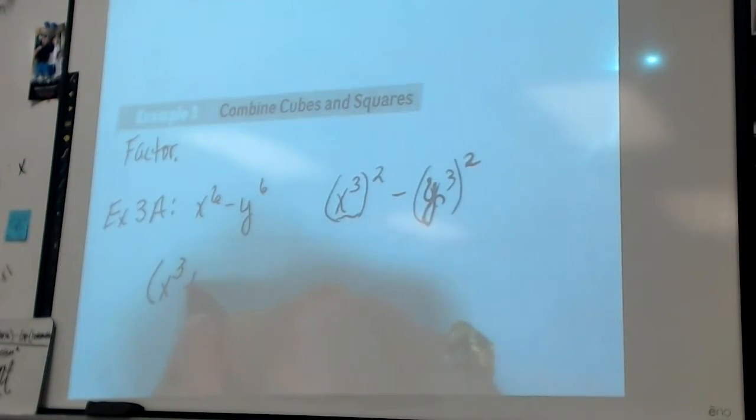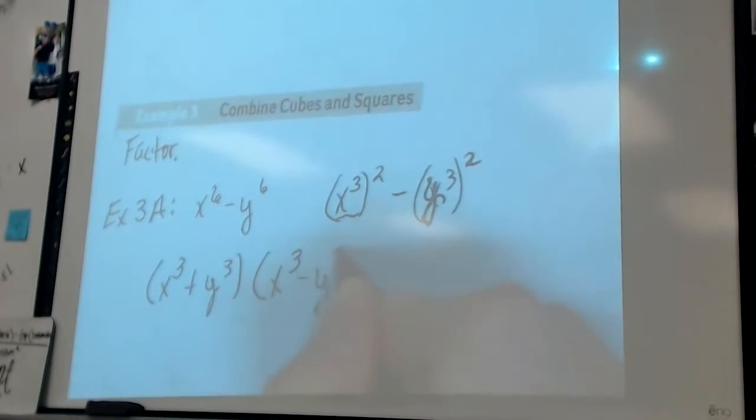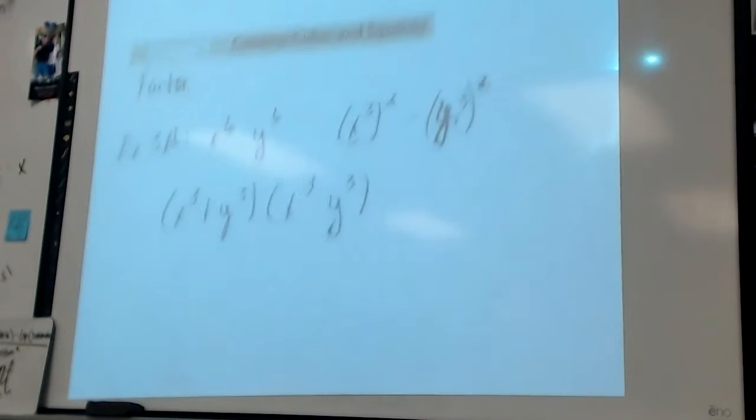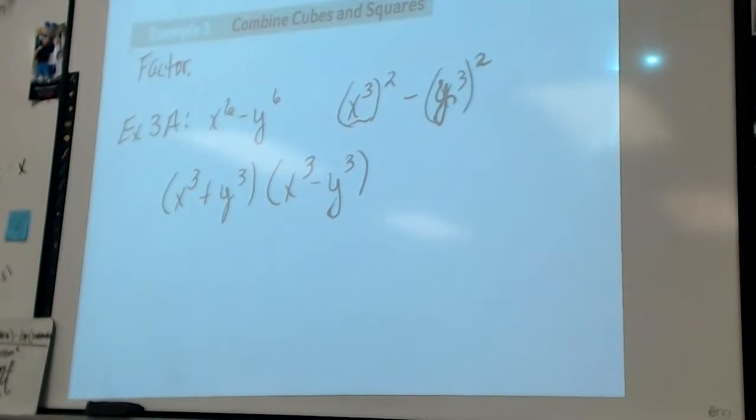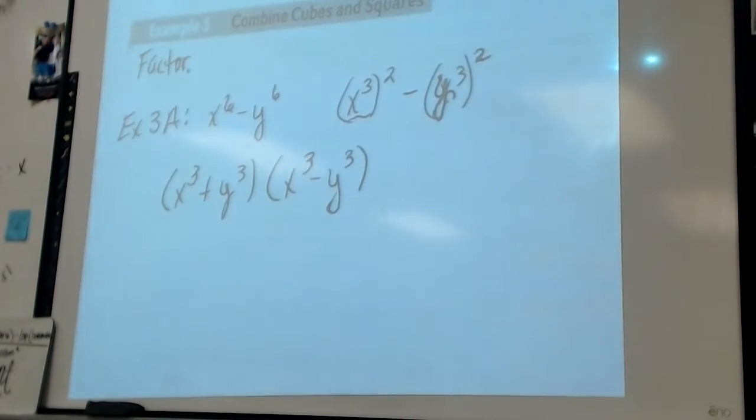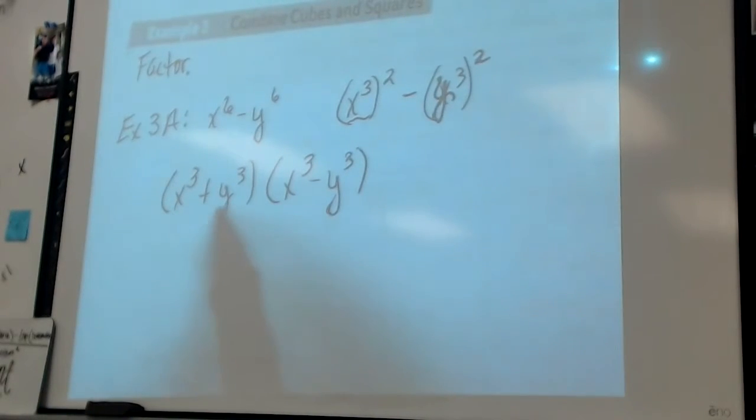So we have x cubed plus y cubed, x cubed minus y cubed. But we're not finished. There's more. All right, so if we look at this, how many terms do we have? 2. And I see automatically that I have perfect cubes.